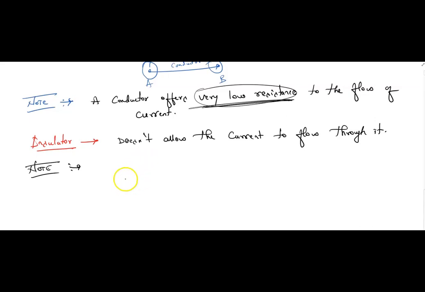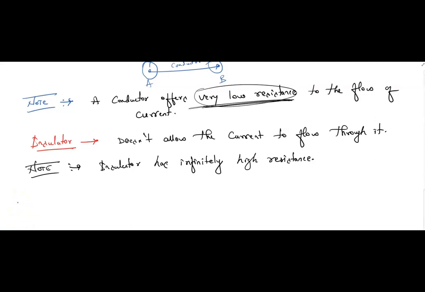So insulator has infinitely high resistance. Here resistance will be very high. In conductor it is very low, but in insulator it is very high.